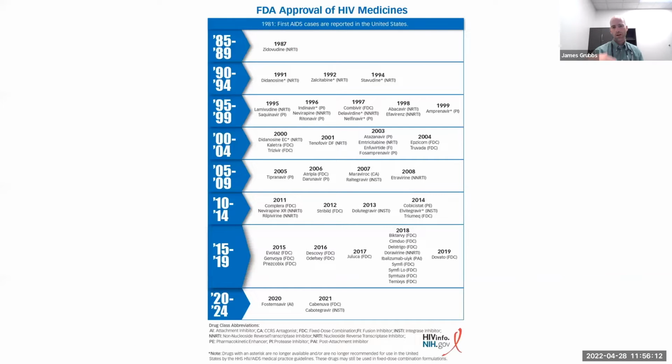We talked about the development of treatments and medications for treating HIV, and how our repertoire of treatments has expanded dramatically over time and is still expanding, from when the first medications came out back in 1987 to now, where we have multiple options for fixed-dose combinations and single tablet regimens.